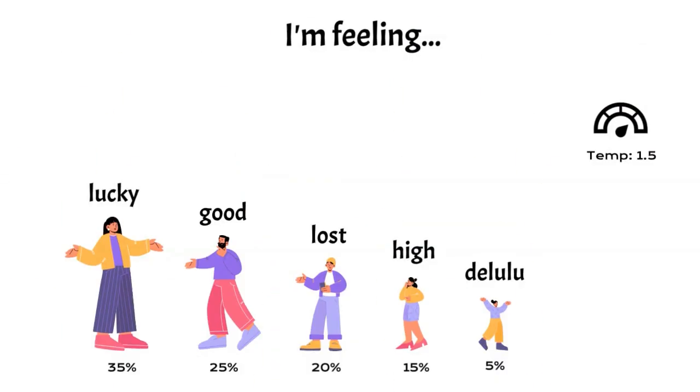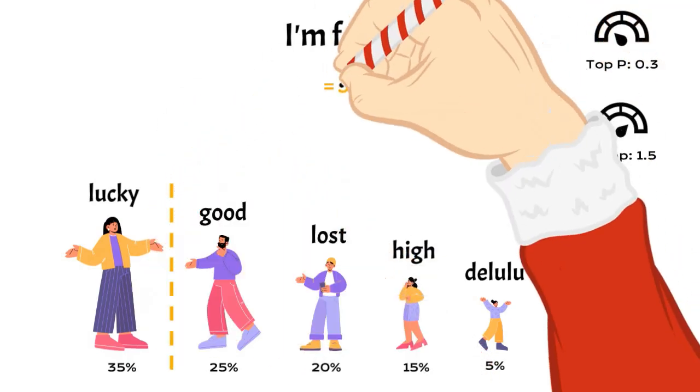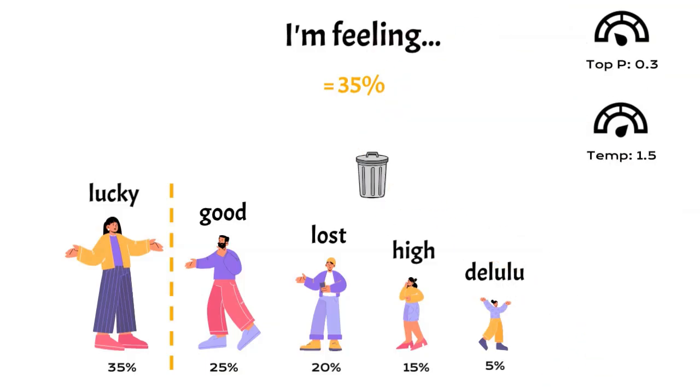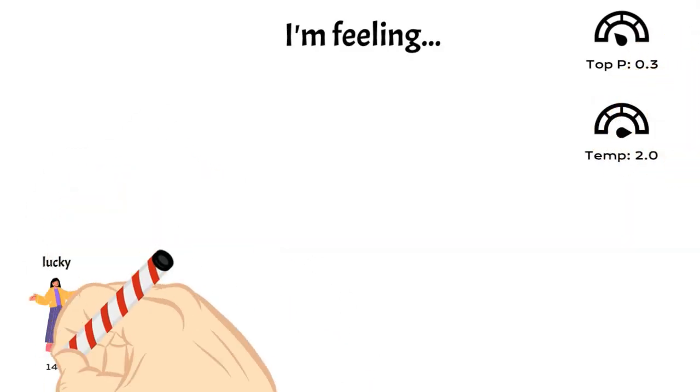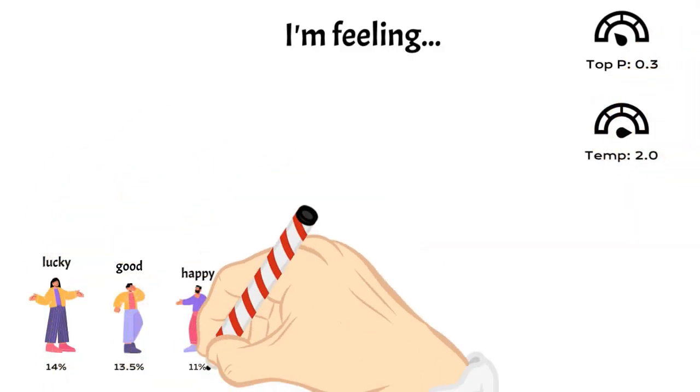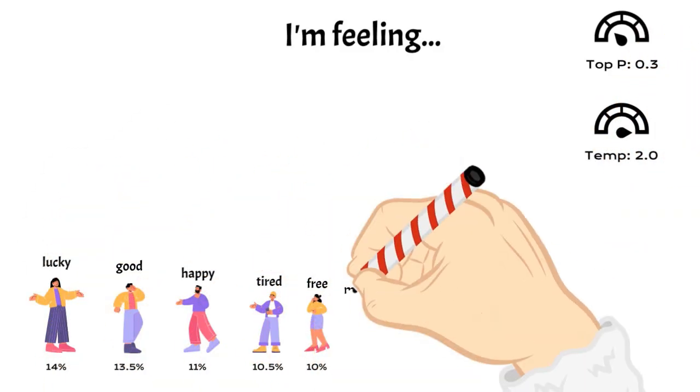Okay, now if we drop our top P even more to 0.3, we restrict our pool to only lucky. The rest are filtered out. But what if we dial the temp to its highest setting of 2? This will significantly expand our options, making the model very winsome and creative.